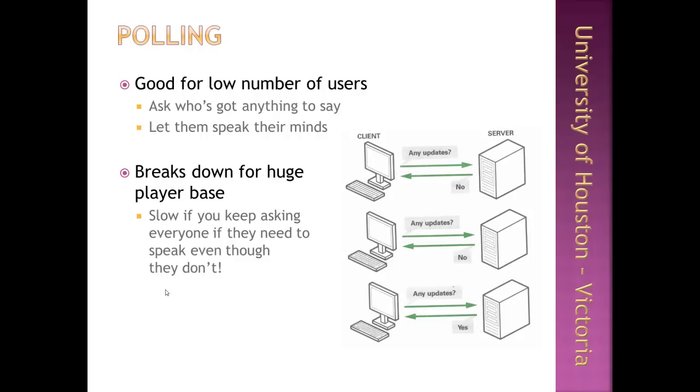Also, if the server wants to poll the clients every once in a while, if you have 1,000 clients, then the time interval for the server would be 1 millisecond per poll. But if you have 1 million clients, then basically your server would not have time to do anything else but just ask the clients if there's anything to be done or if they have any updates for it.